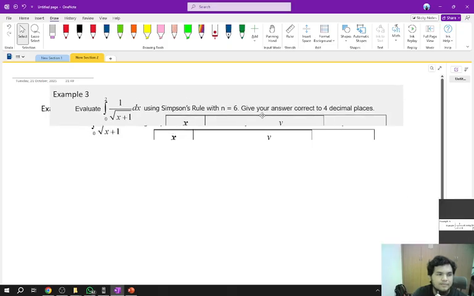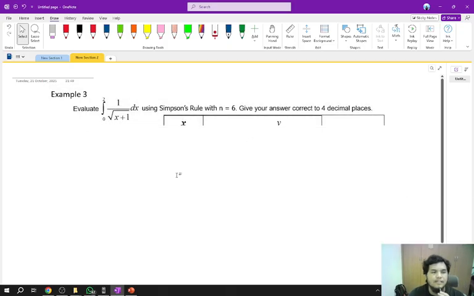Evaluate the integral from 0 to 2 of 1 over sec x plus 1 dx using Simpson's rule with n equals 6. Give your answer correct to 6 decimal places.